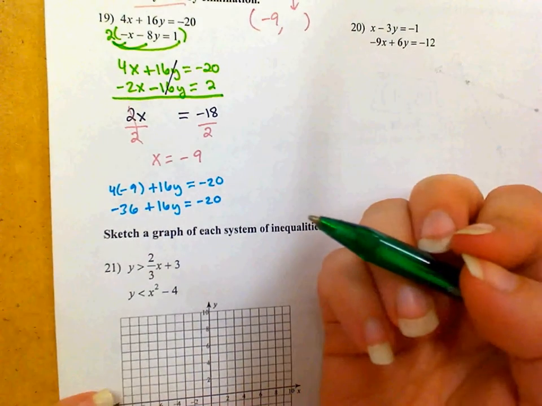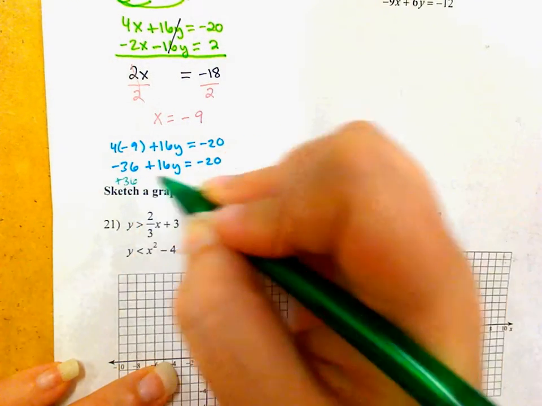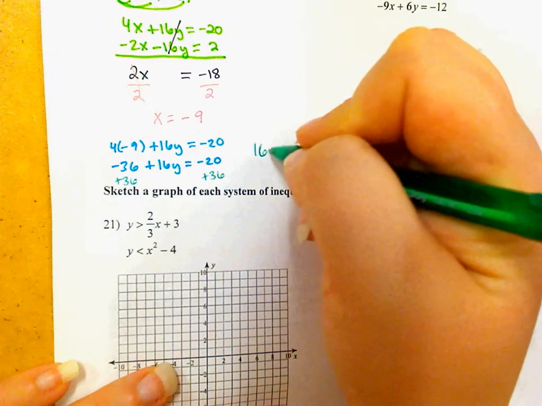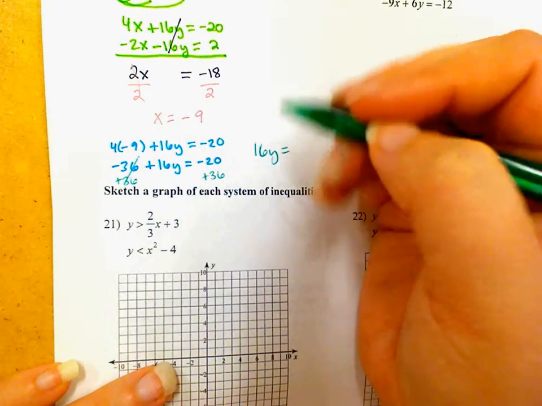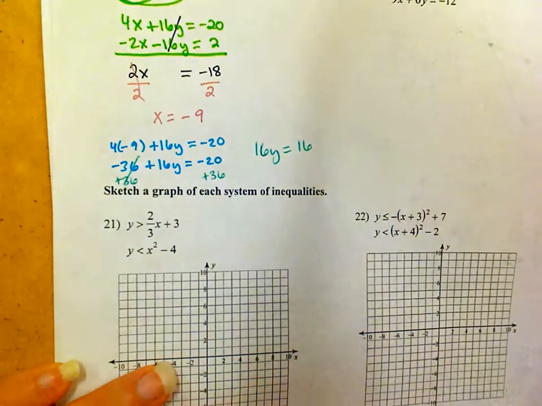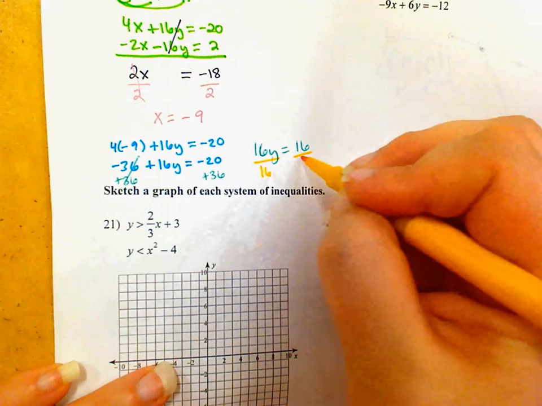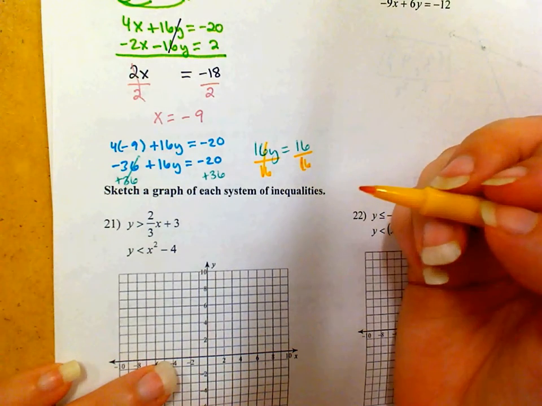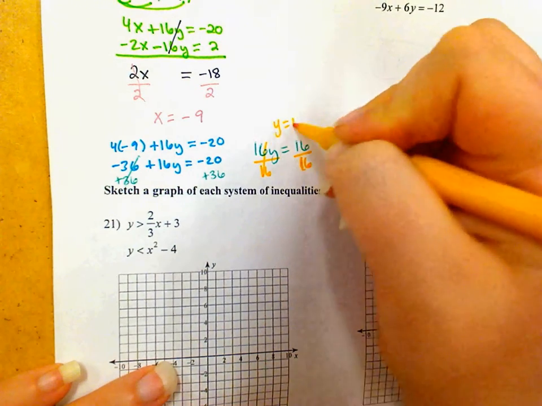And I get 16y equals negative 20 plus 36, which is positive 16. All right, so we divide by 16, and 16 divided by itself is 1. Negative 9, positive 1.